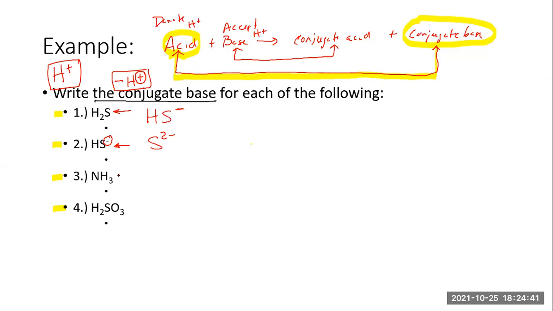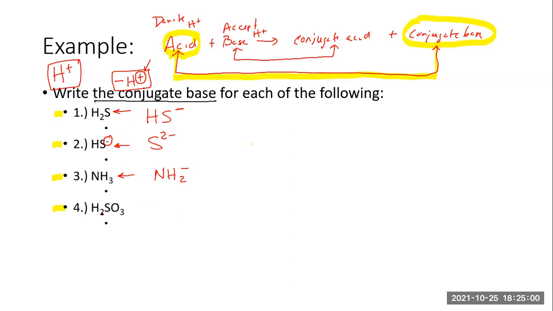Same thing here. We're going to take away the H, which leaves us an NH2. Took away an H. Also, again, taking away the positive, which means we become one more negative, which would be NH2 minus.